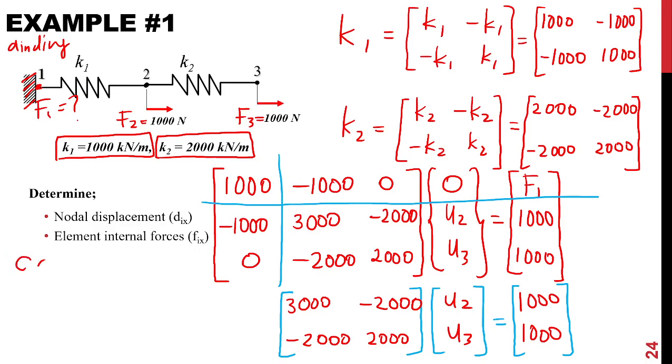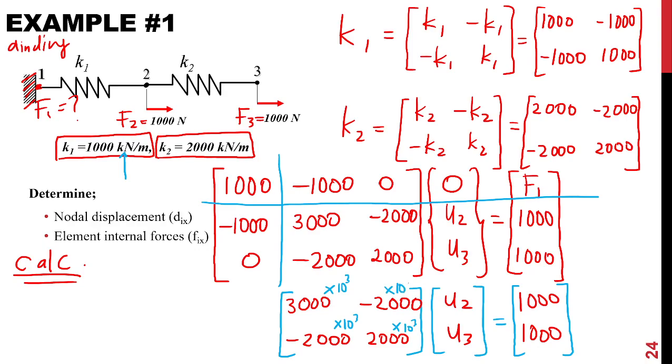Tekan calculator je. Tapi ada sedikit tertinggal lah. Tengok ni. Kilonewton ni sebenarnya. So ini sebenarnya adalah darab 10 kuasa 3.